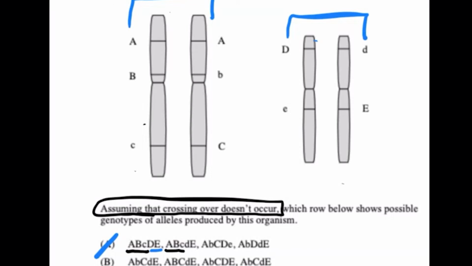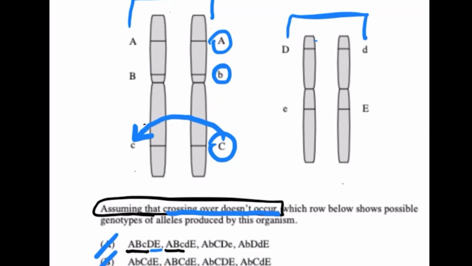Yeah, you see capital A, little b, and a capital C. Capital A, little b makes sense. It's on the same chromosome. But capital A, capital B, capital C doesn't make sense because that capital C must have broken off, right? And we've clearly said crossing over does not occur. So B is not right.